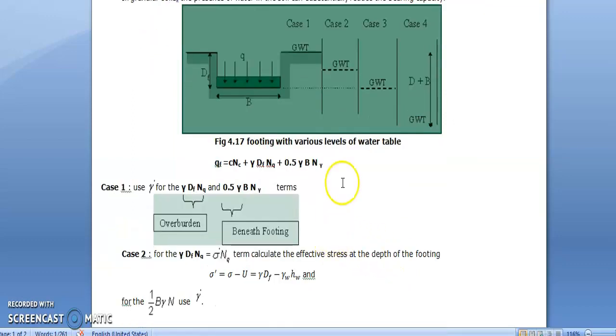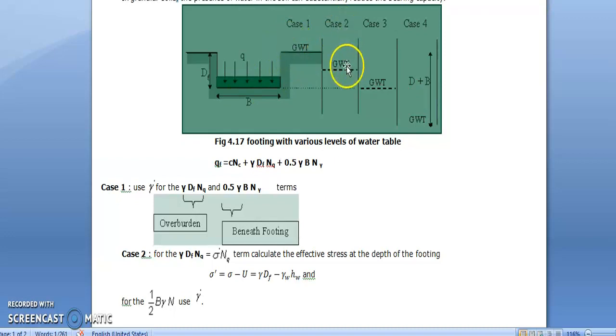Now when you look at this diagram, 4 cases are very clearly shown here. That's why I decided to teach you this concept from NPTEL, with very simplified cases. What is case 1? Case 1 is when the groundwater table is right on top, near the ground surface.